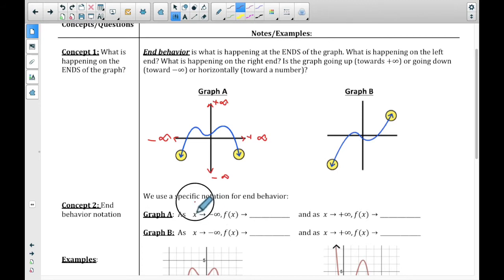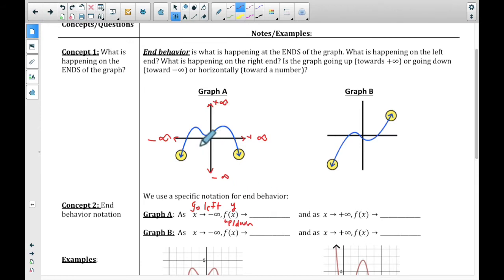What that means is as it's going to the left. As this graph goes towards the left, what is happening to the y direction? Is it going up or down? Okay, so that's what we're asking with this sentence.